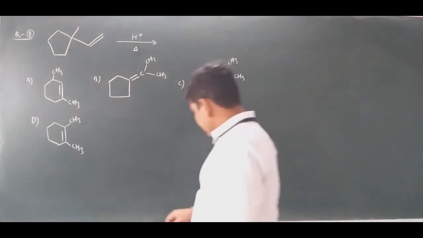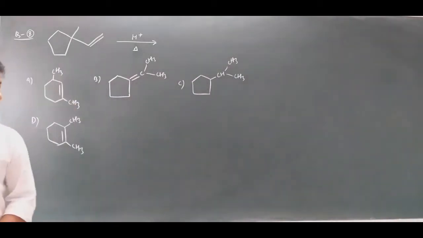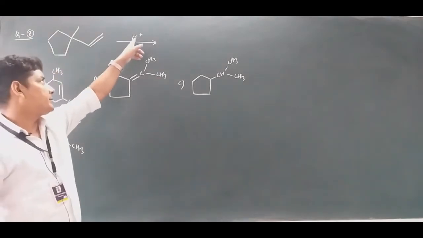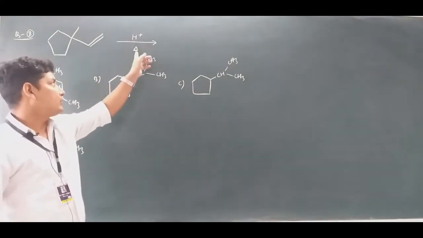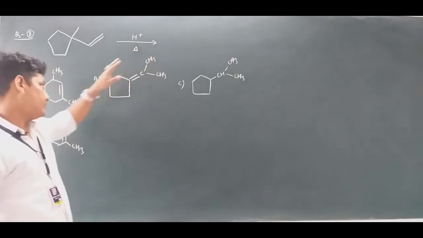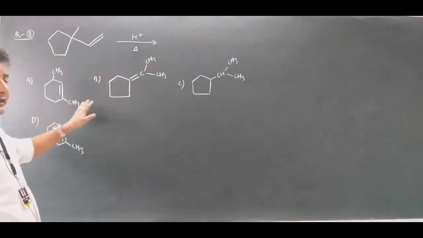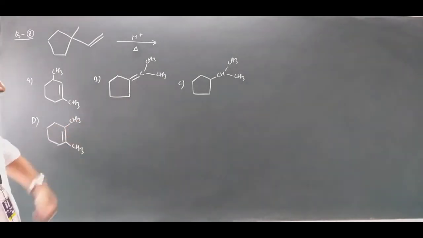Here in the question, it is given that this compound undergoes treatment with H plus followed by heating, and we have to find which of the following options, A, B, C or D, is correct.